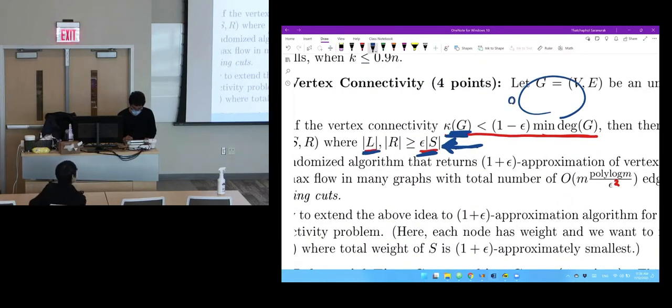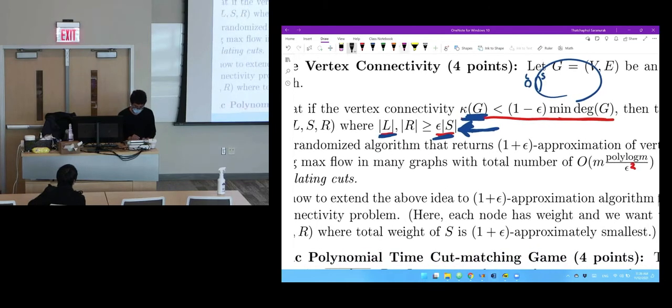This can be L, and this can be S. If you want to sample a pair of nodes, you need to sample one node in L and one node in R. But if you just sample a pair, it's hard to find the node in L because L is so small.